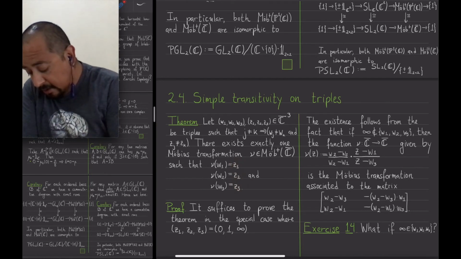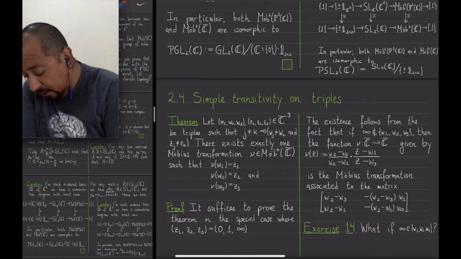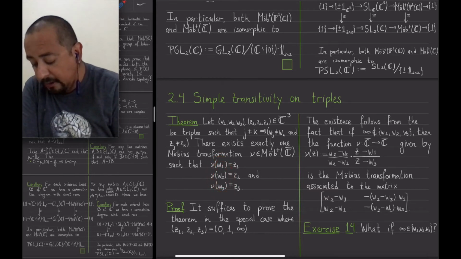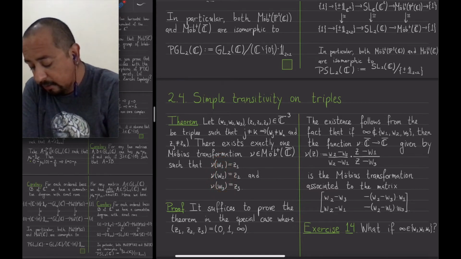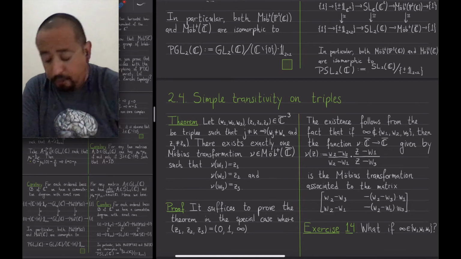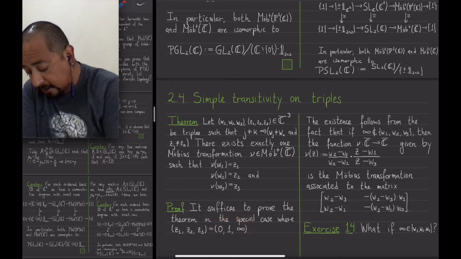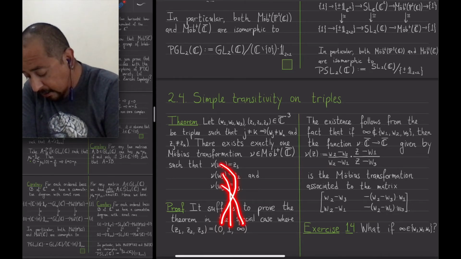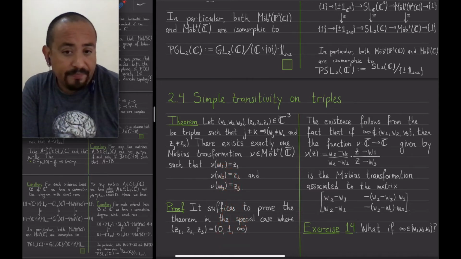Existence, why? Because if you show it for every ordered triple of distinct points W1, W2, W3, then you can always pass through this triple: send this to this, and then take the inverse of the one that sends to your other points.